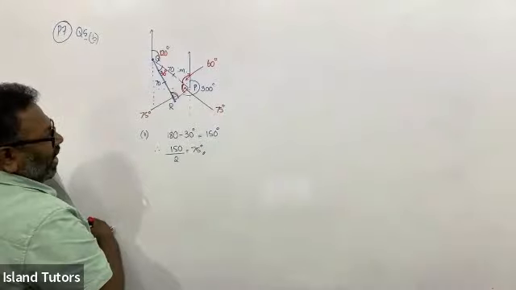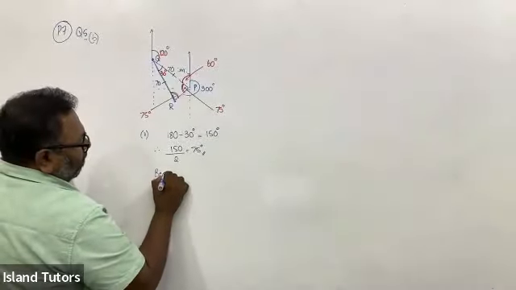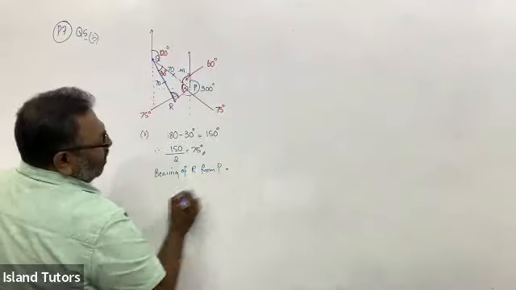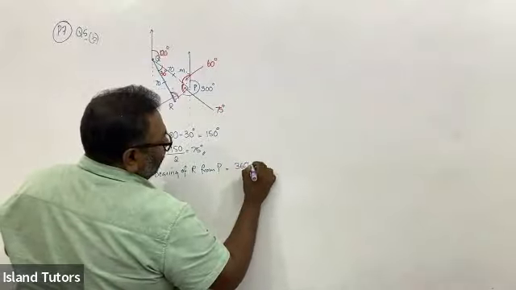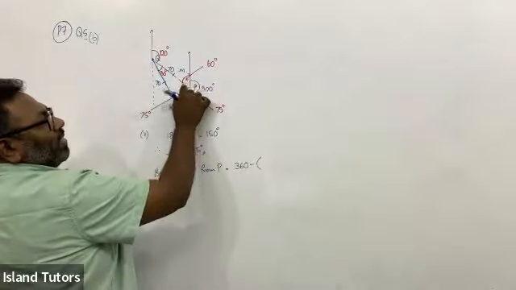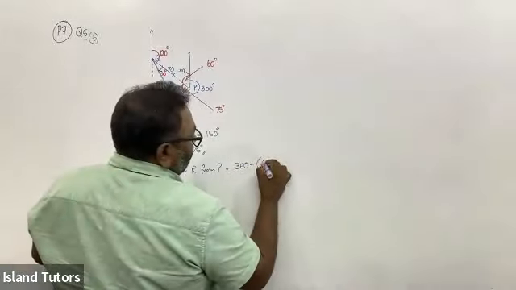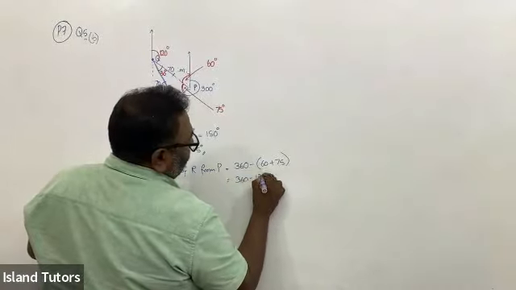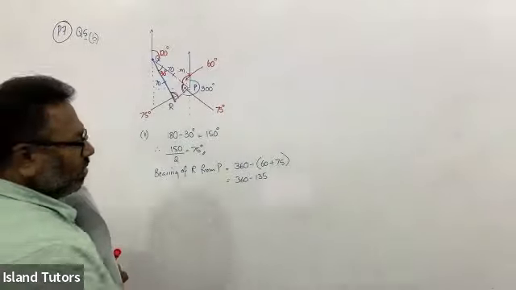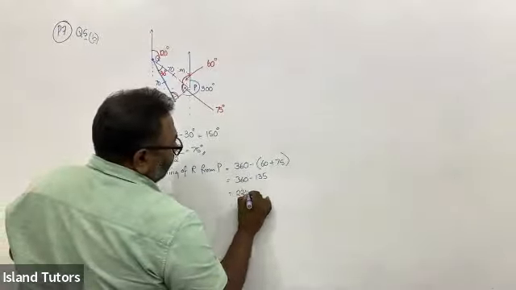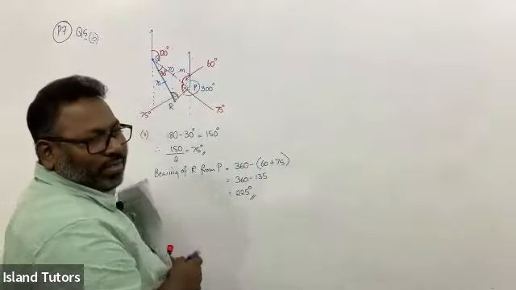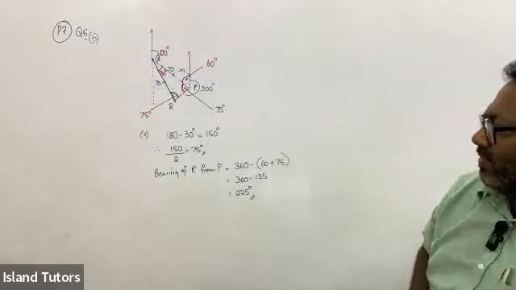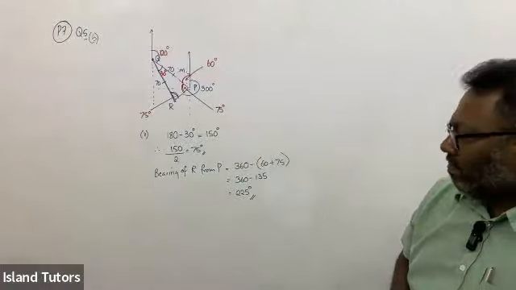Therefore, the bearing of R from P is equal to 360 minus these two angles, which is 60 plus 75, 360 minus 135, which is 225 degrees. Bearing of R from P.